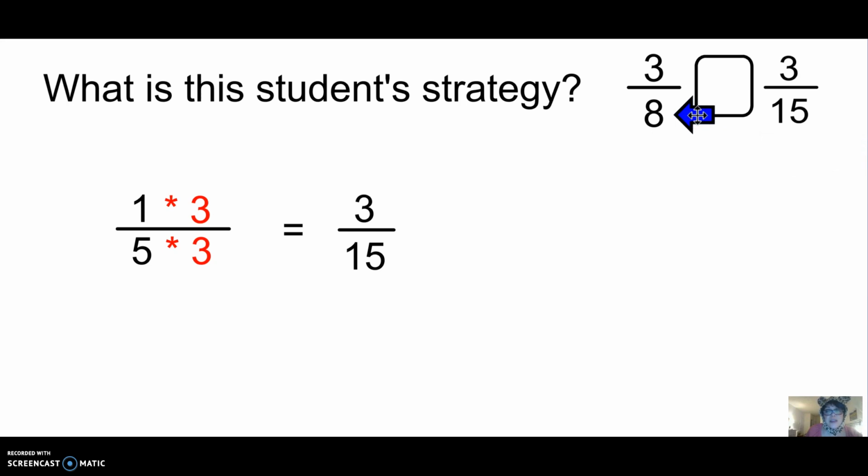So having 3/8, which are larger pieces of my whole, that's going to be larger than if I have 3/15. And since 3/15 and 1/5 are equivalent, I can now say that my 3/8 is going to be greater than my 1/5.